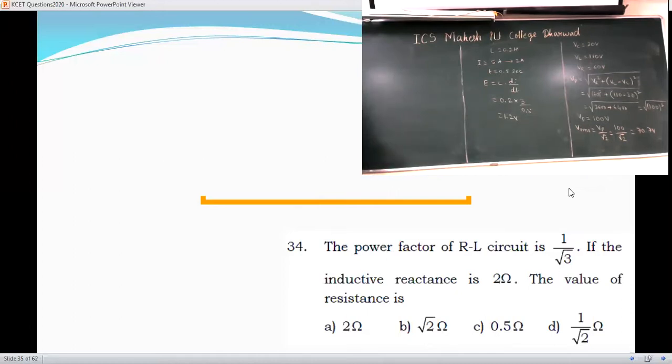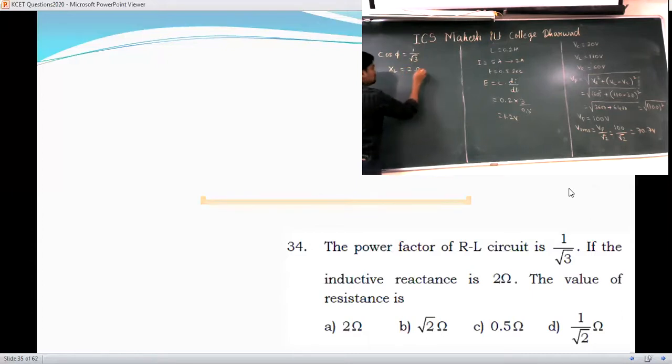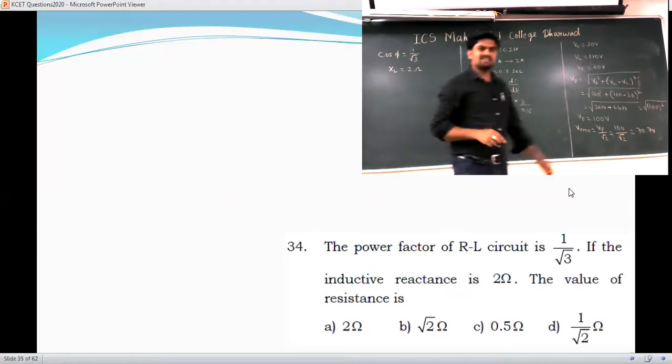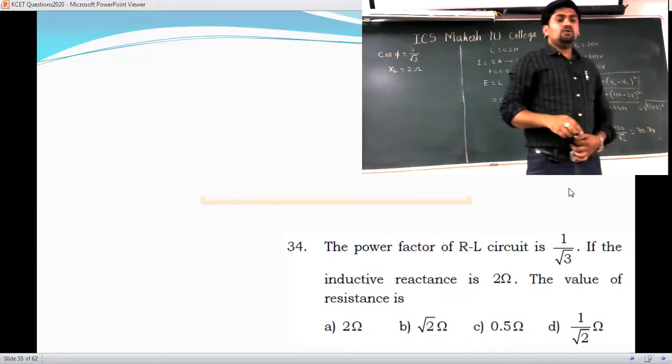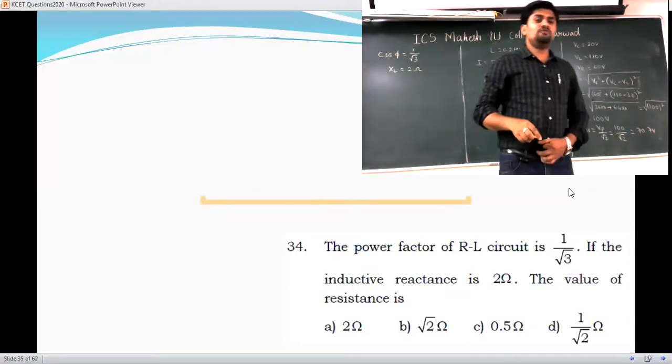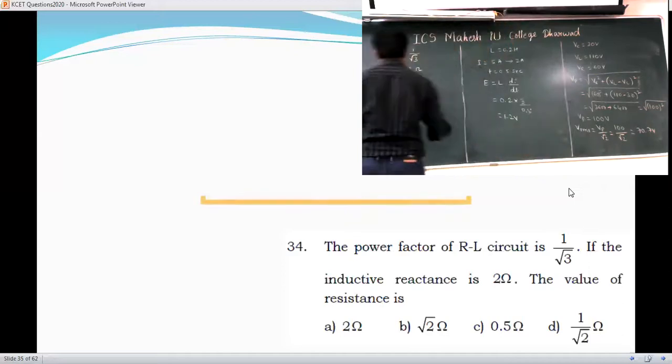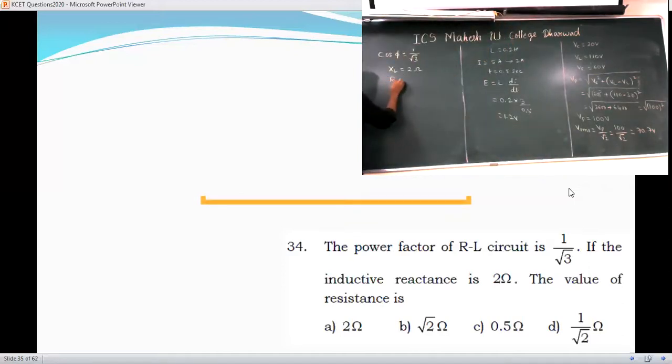How do you write the power factor? It is cos phi. Cos phi they have given, it is 1 by root 3, and inductive reactance XL is equal to 2 ohm. Now they are asking you to calculate the value of resistance, means they are asking you to calculate R.